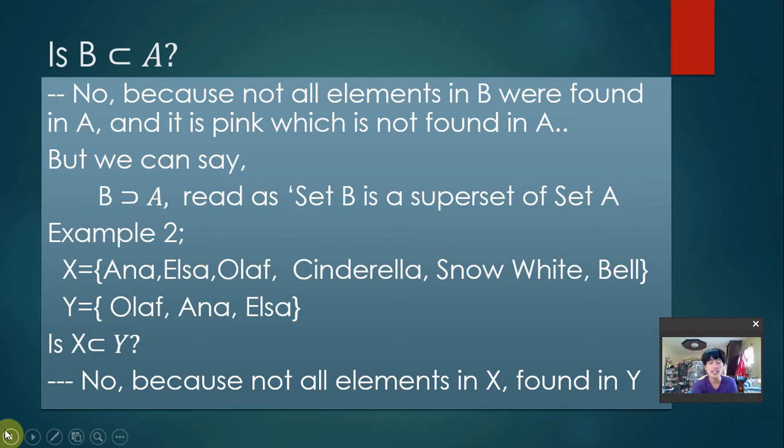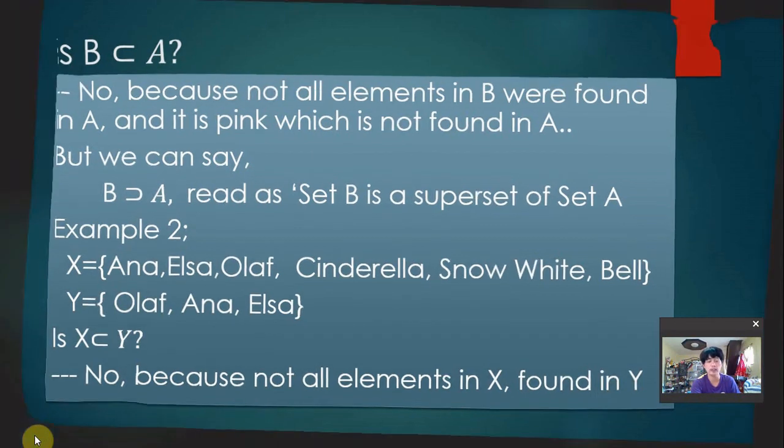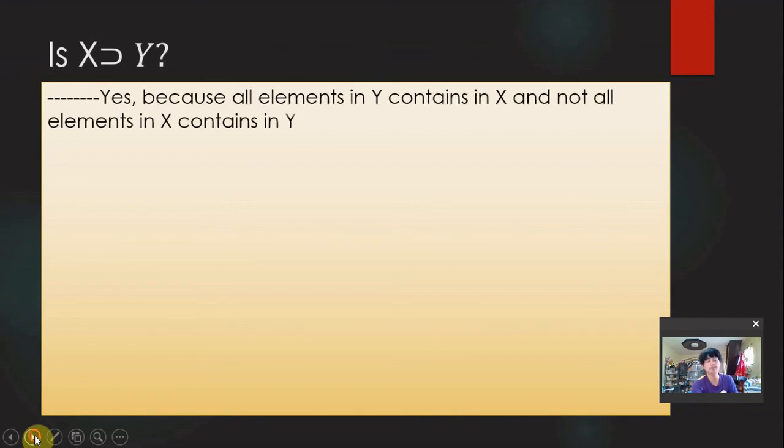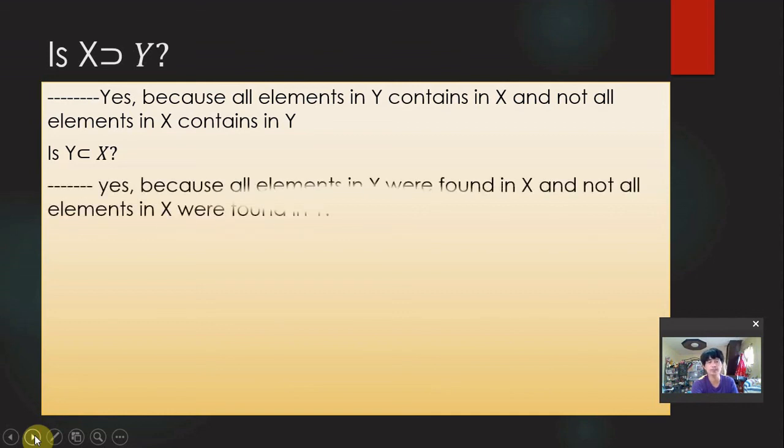So therefore, Y is a proper subset of X. Okay? Y is a proper subset of X because Y has fewer elements than X. But if we reverse the process, X is a superset of Y. That's how we do it. Okay? Let's continue. Okay, this question is yes. Because all elements in Y were found in X and not all elements in X were found in Y.